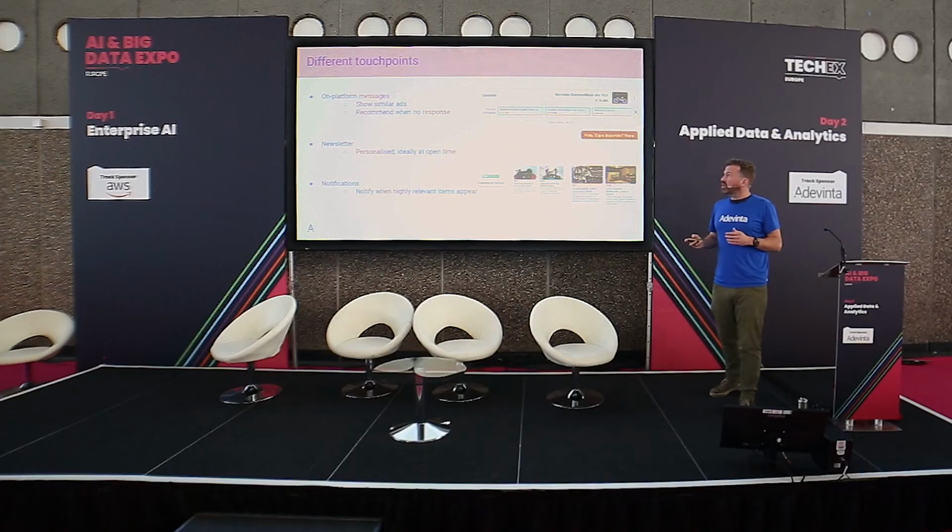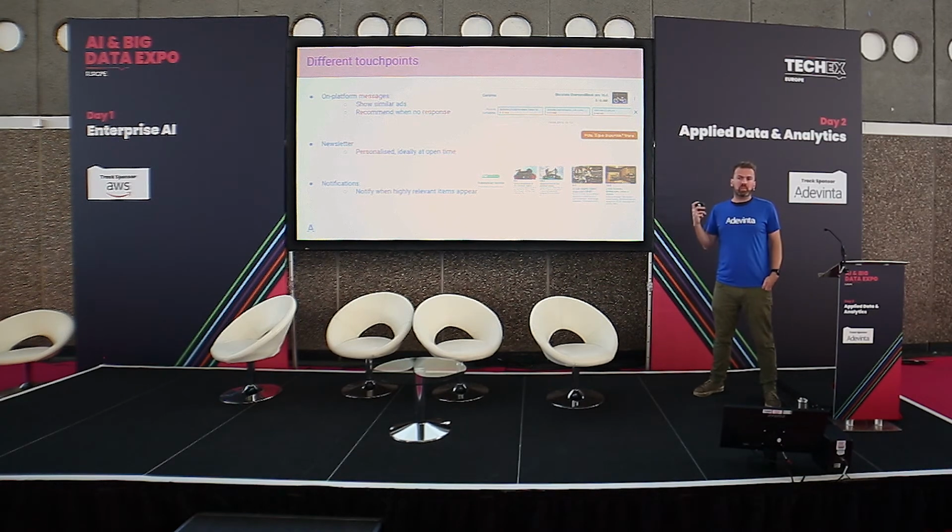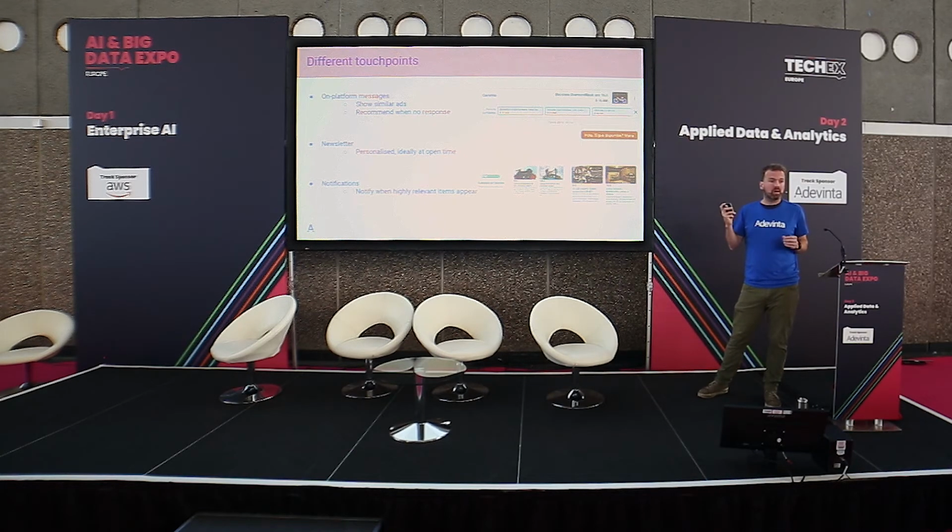So, as you get more confident in the performance of your recommenders, you can start applying it to different touch points. One example here is on our marketplace platforms. We allow users to send messages to each other. A buyer contacts a seller to say, hey, I'm interested in this item.